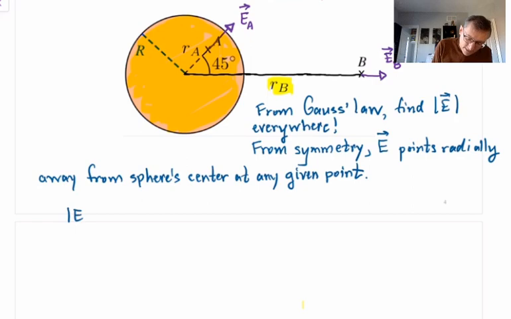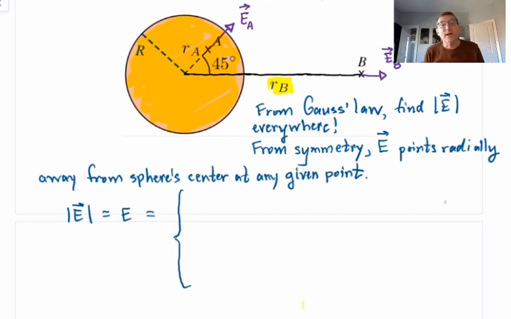So I'm going to write down what you get. This is going to be E magnitude, which I'll just denote by the letter capital E. And it will be what's called a piecewise function, because it'll have two different expressions depending upon where you are located.